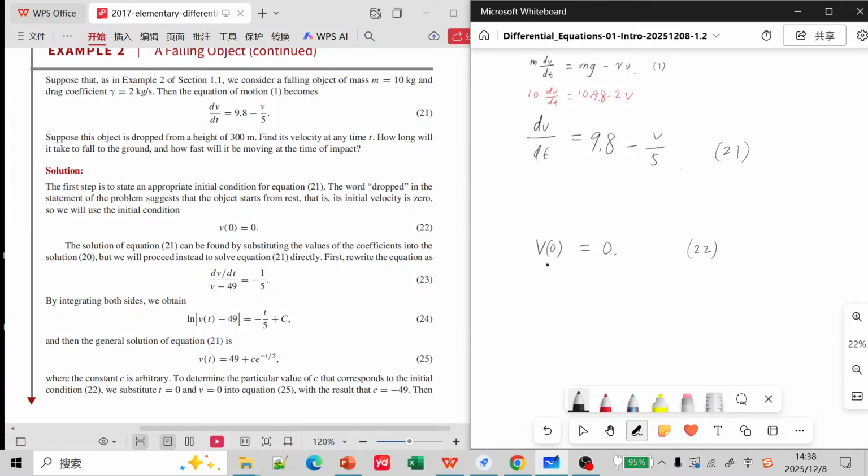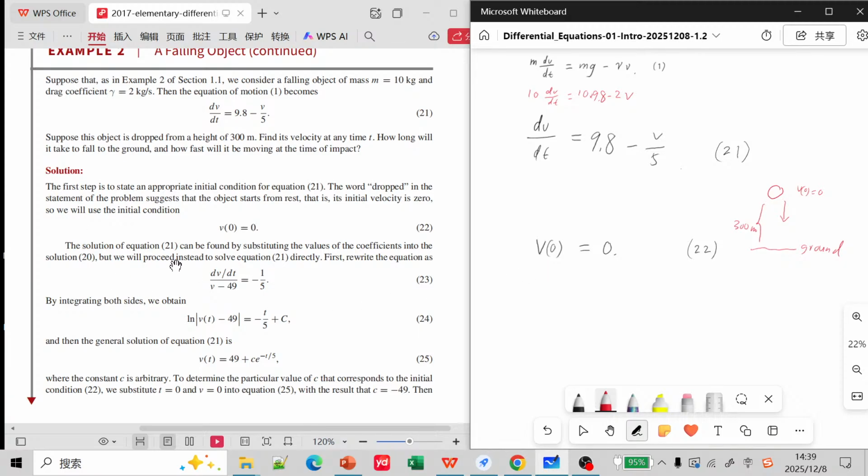And basically the setting is this: this is the object, and we drop it to the ground, and here the height is 300 meters, and v of 0 is 0.